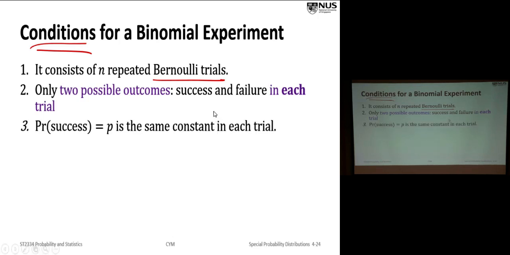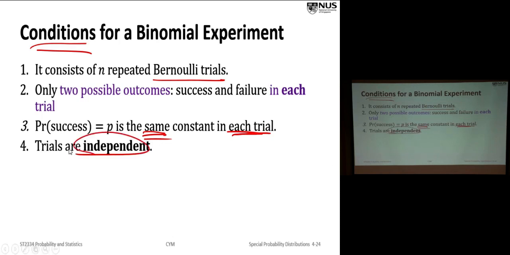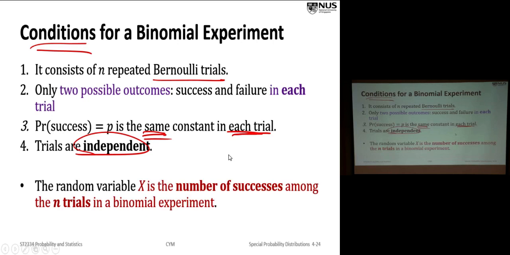We use different distributions, which we are not going to discuss. So the probability of success is p, the same for all the trials. And finally, the trials must be independent. If it's not independent, then we have problems. We cannot model by binomial experiments or binomial distribution.